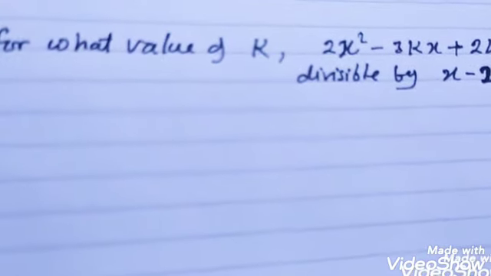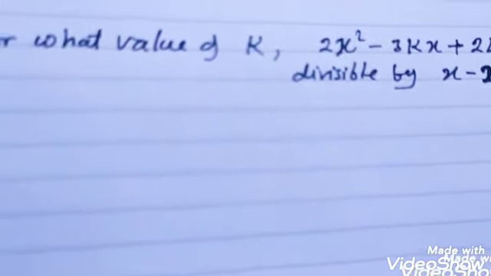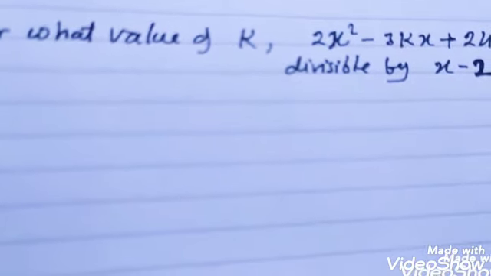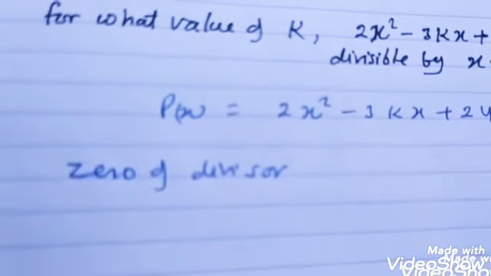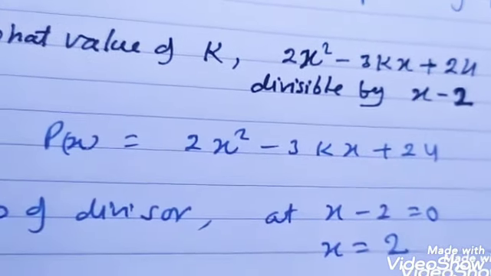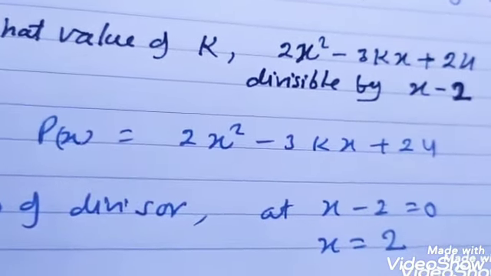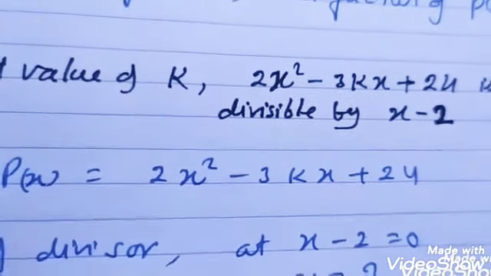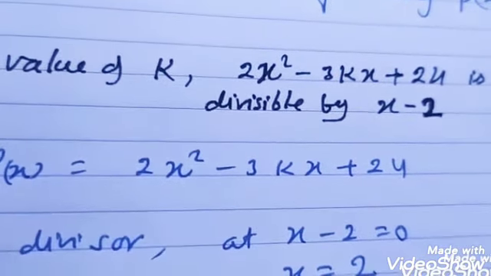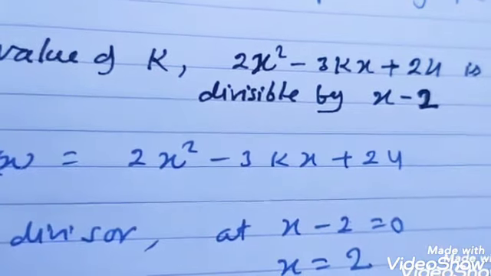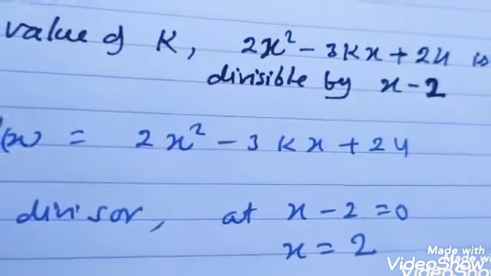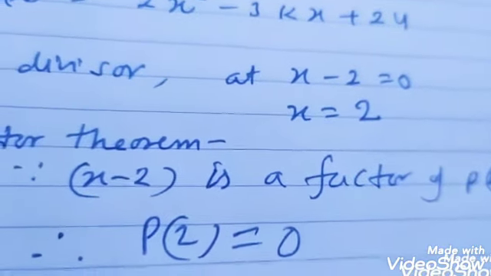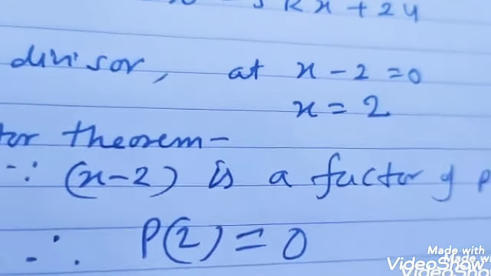So for this we take p(x) is equal to 2x square minus 3kx plus 24. Now we will find the 0 of the divisor, that is x is equal to 2. So as x minus 2 is a factor of 2x square minus 3kx plus 24, that is p(x), by factor theorem, therefore p(2) is equal to 0.